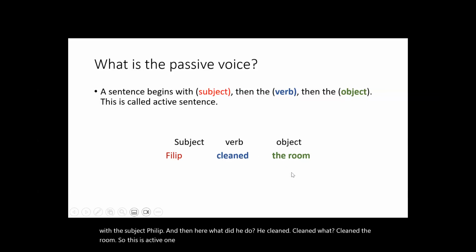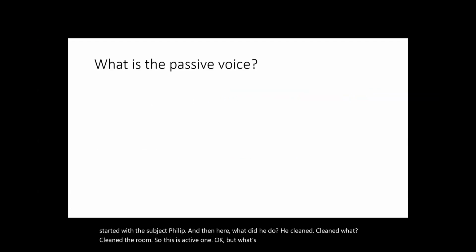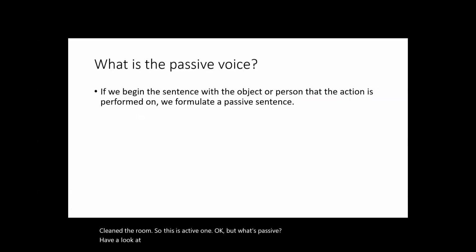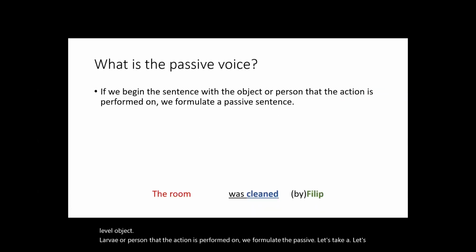Okay, but what's passive? Have a look at this. If we begin the sentence with the object, لو بدأنا الجملة بالobject أو بالمفعول به زي ما بنقول في العربي, or the person that the action is performed on, we formulate the passive. Let's take an example. خلينا نشوف مثال على كده.